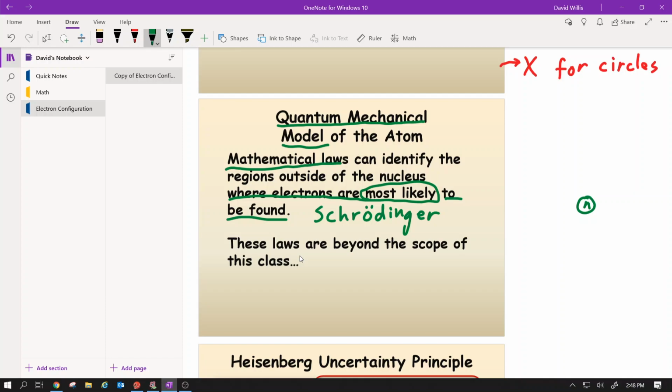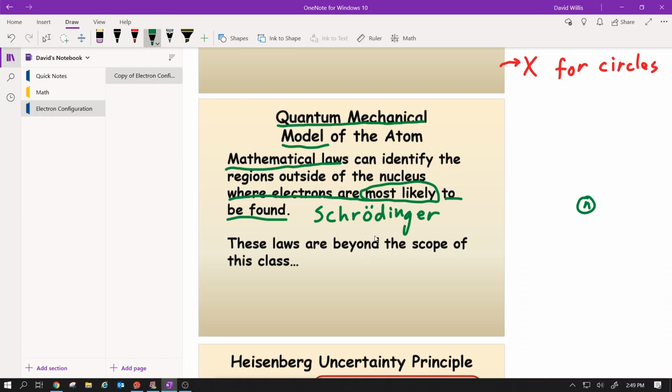We do not know where the electrons are. But if we solve the Schrödinger equations, we know with 90% probability where they're most likely to be. So just put Schrödinger's mathematical laws can identify where the electrons are most likely to be found. We are not going to solve these laws and these equations.